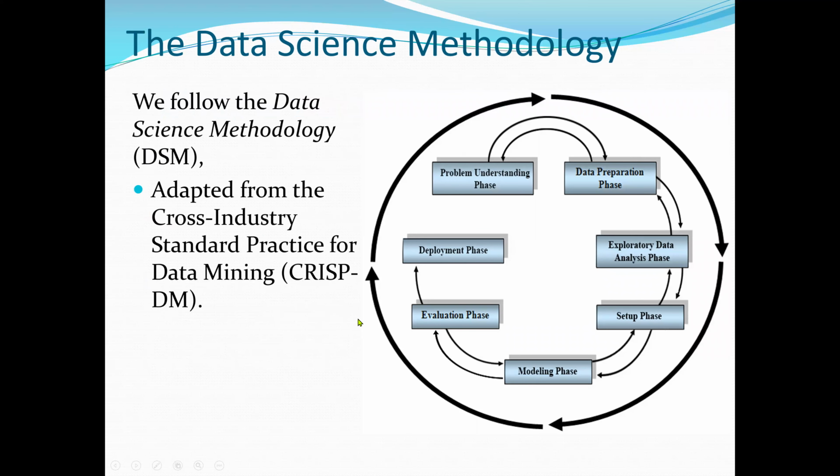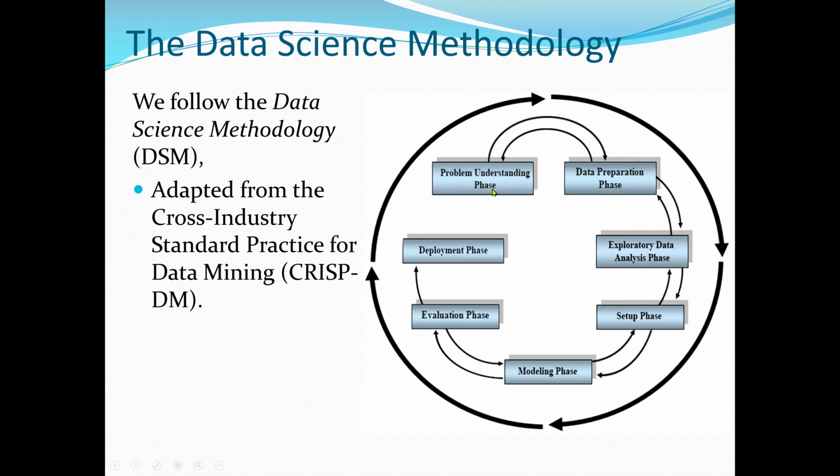So for the data science methodology, we are going to follow the concept here. This is adapted from CRISP-DM, which is the cross-industry standard process for data mining. So the same phases here we use also in data mining. The process is, first, the problem understanding phase.